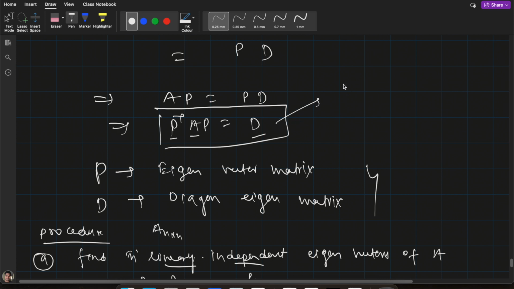That diagonal matrix is nothing but lambda 1 0 0, 0 lambda 2 0, 0 0 lambda 3, that kind of thing.